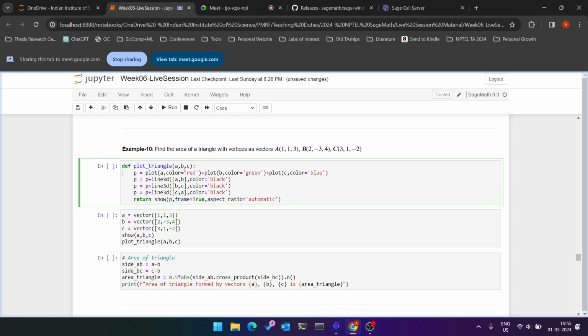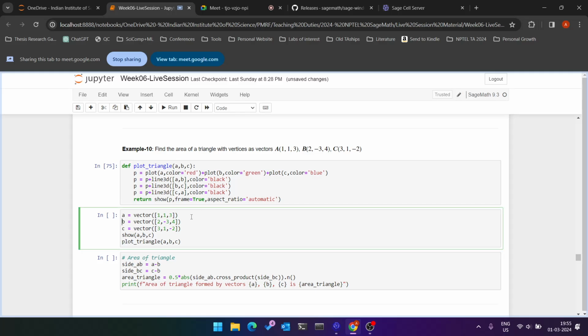Sides of the triangle are basically the difference between the 3 vectors. So B minus A, C minus B, and A minus C respectively, which is why they are being plotted as a 3D line between 2 points A to B, B to C, and C to A, all colored black. And then we are returning this plot object P, basically showing this plot object P in the provided frame.